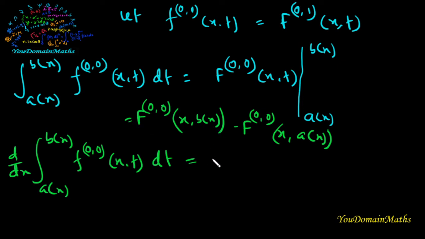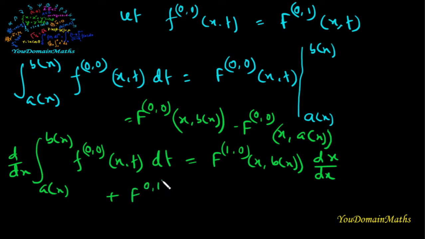So this can be written as f of 1 comma 0, with the derivative with respect to x, where the variable is only x, and the next term f of 0 comma 1, meaning this function is differentiated with respect to b of x, that is x comma b of x.